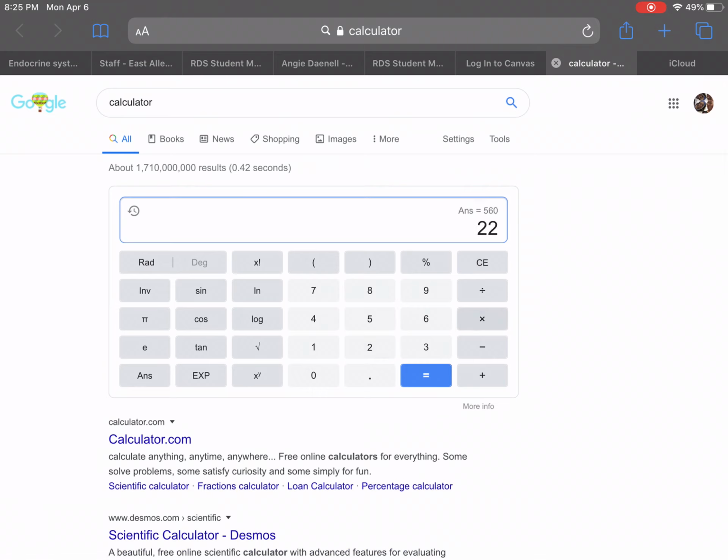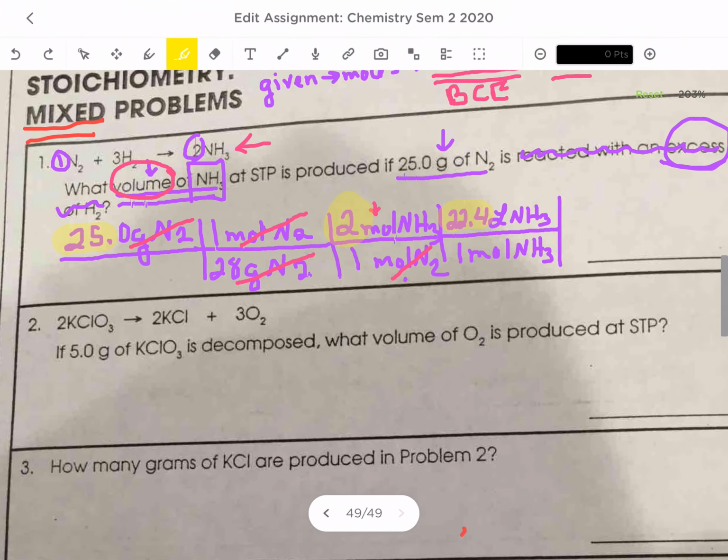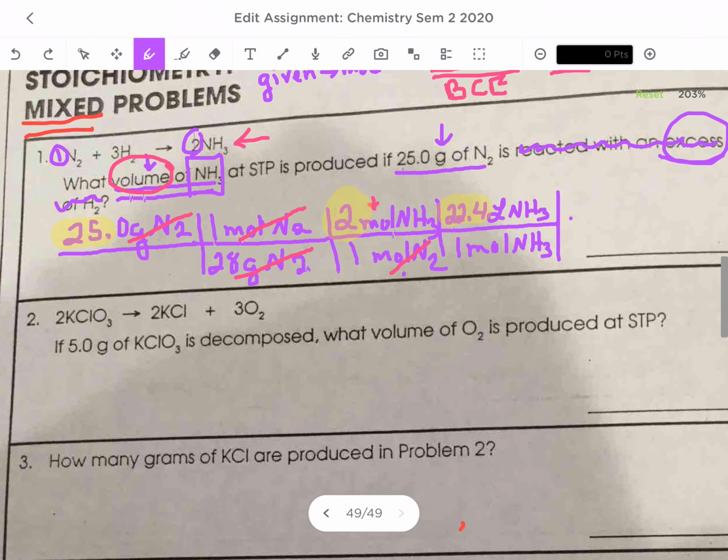25 times 2 times 22.4 equals 1,120. So over here, 1,120 divided by 28 times 1 times 1.